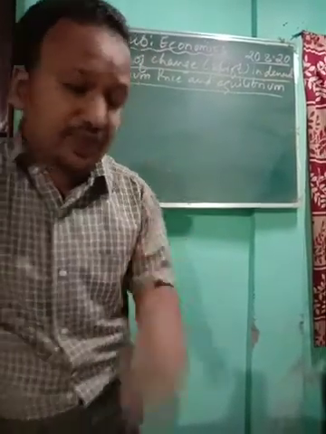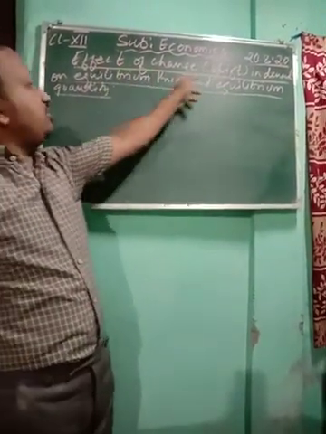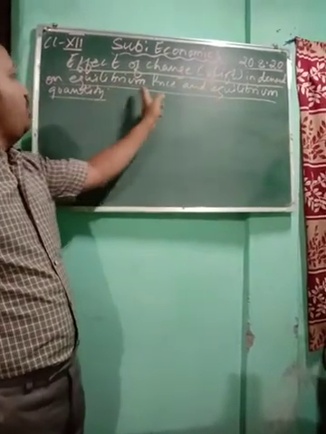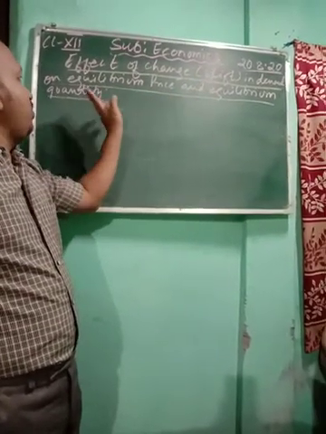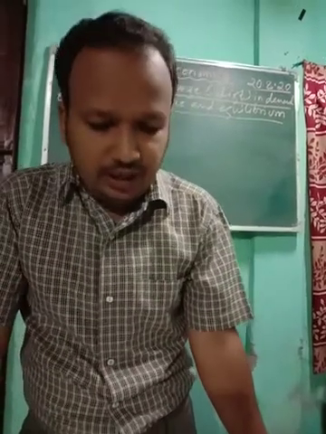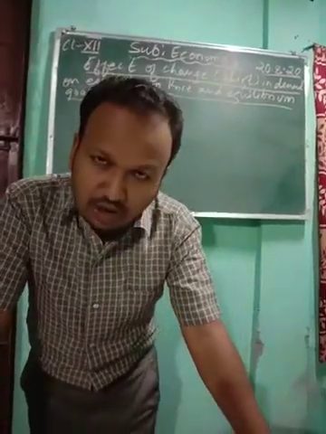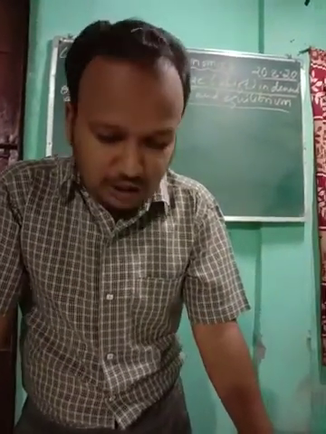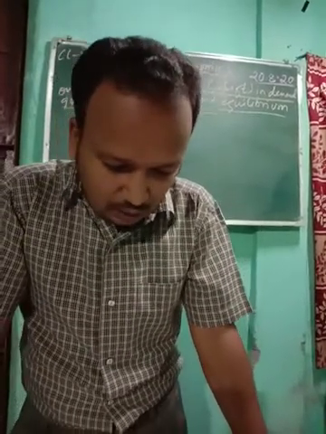Supply is fixed. So in this condition, the effect of a shift in demand on equilibrium price and equilibrium quantity. Always remember here supply will be constant and there will be a shift in the demand curve. So what effect will there be on equilibrium price and on equilibrium quantity, that we are going to see.